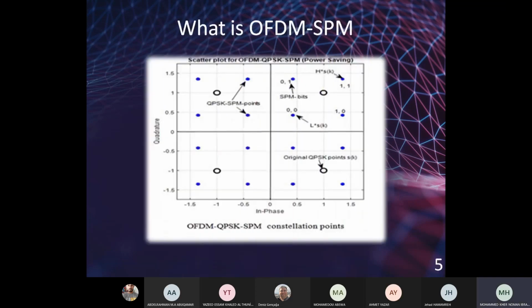Every method depends on a known technique, adding these techniques and merging them with OFDM-SPM. Here you see in this figure that OFDM using SPM with QPSK appears in the constellation just like 16 QAM.